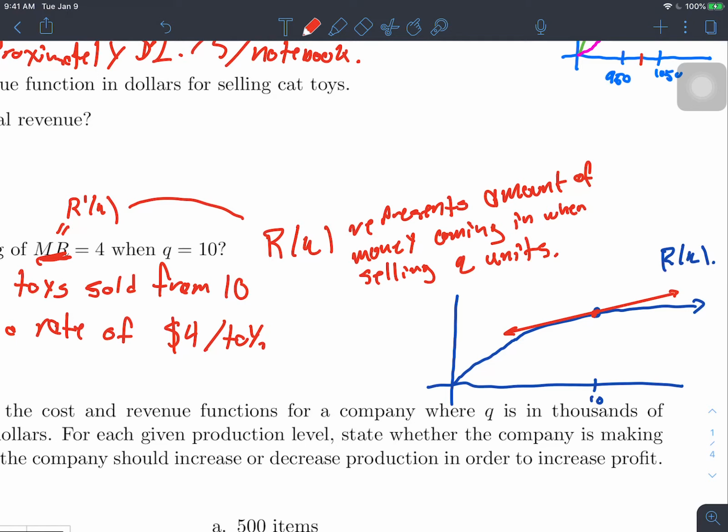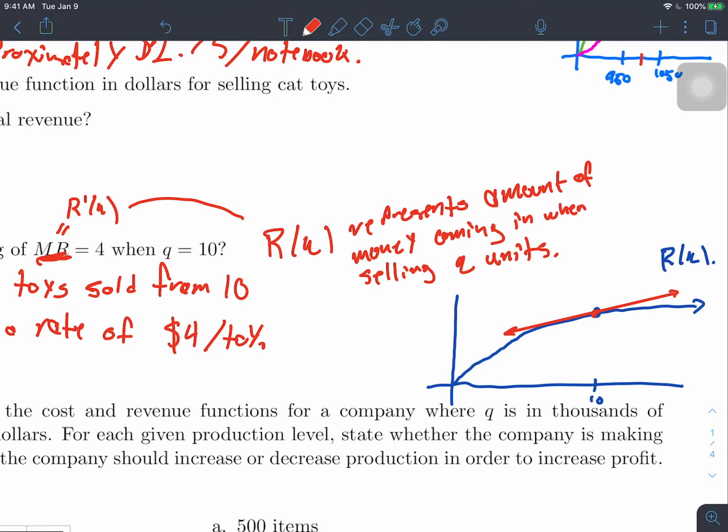That would be bad. I think it's more likely you'd see a situation like that happening with profit. But this is telling us how revenue is changing. If we think that increasing the amount of toys we produce will increase revenue, then maybe it's a good idea to produce more toys.